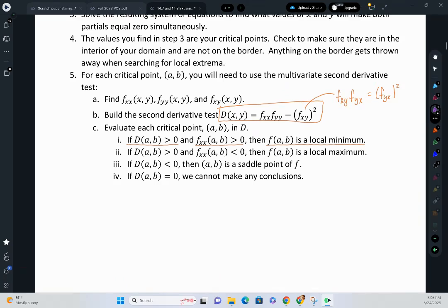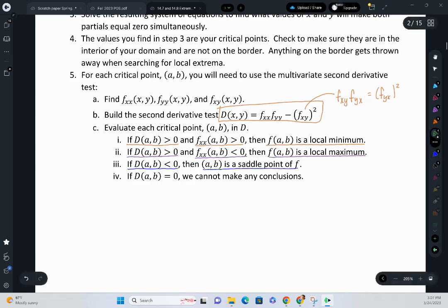On the flip side, if big D is greater than 0 but f sub xx is negative, then our critical point is a local maximum. And if big D is negative, that's all we need to know: the point is a saddle point of our function.